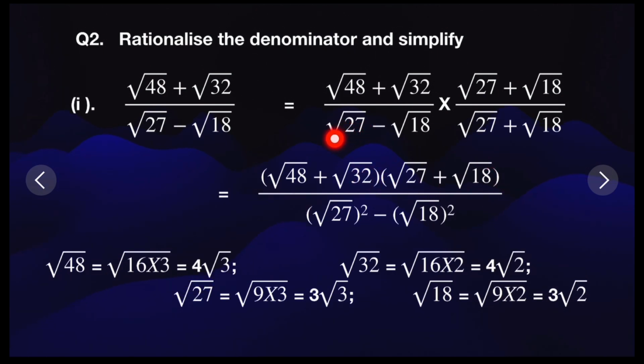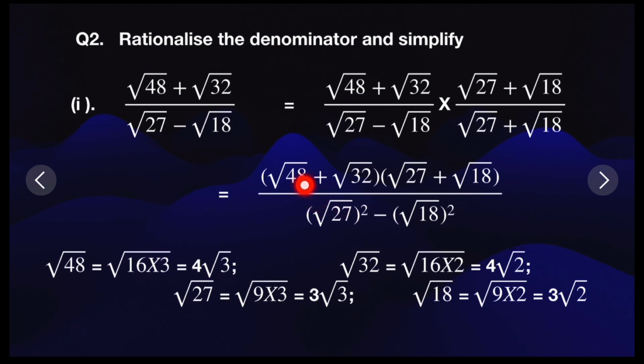Denominator becomes, according to the formula, (x minus y) into (x plus y) is x square minus y square. So root 27 square minus root 18 square. Root 27 square we know is 27. This is 18. So 27 minus 18 is 9. So the denominator becomes 9.